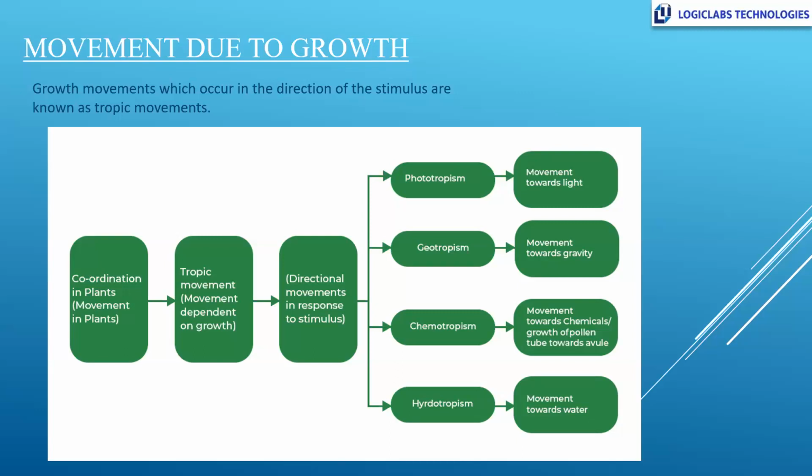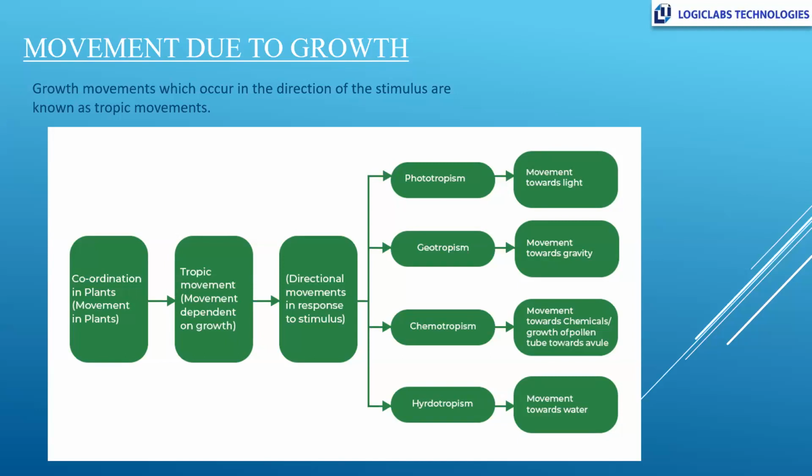Whereas negative geotropism is where plants do not grow on the ground; they grow upward, against the ground. Those type of plants, like the rose plant and the neem plant, don't grow towards the ground. They grow upward, opposite to the direction of gravity.